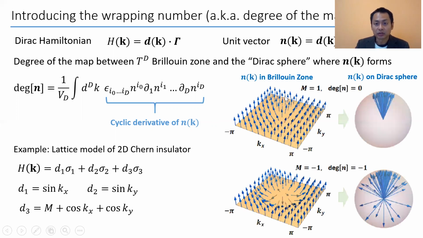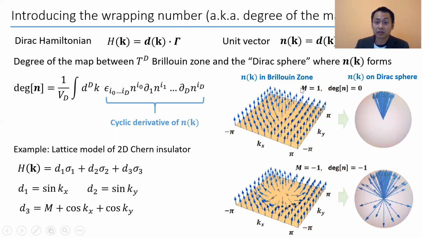Now, you can actually visualize what this n vector looks like. Let's say in the Brillouin zone, which is the torus, but I just cut it off and expand it like a square. It will depend on whether this mass term is positive or negative.